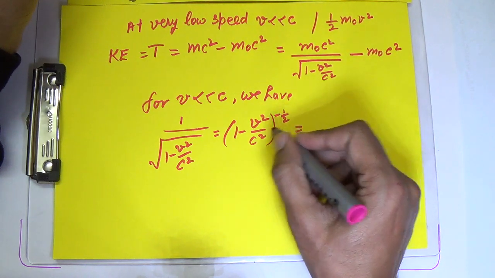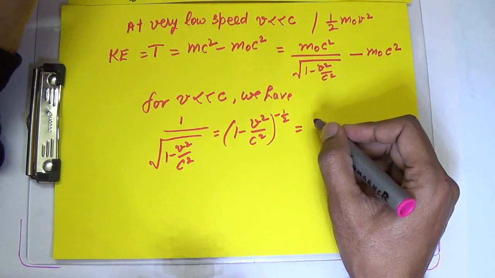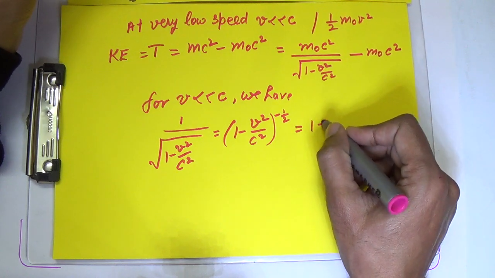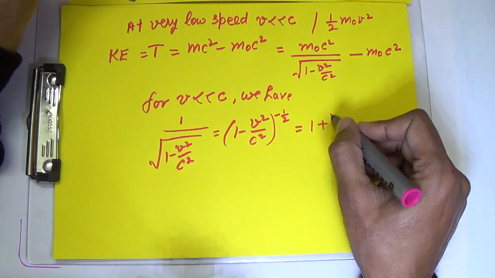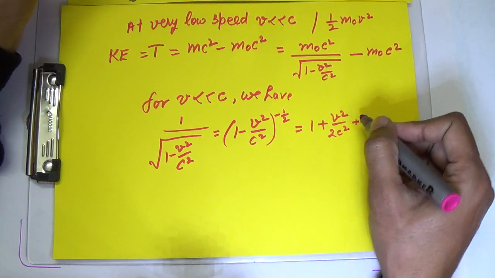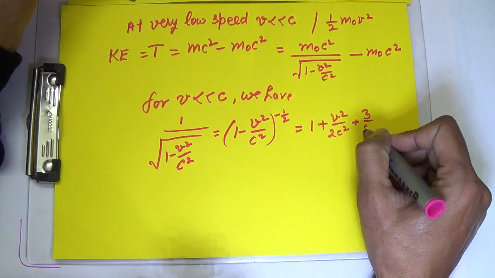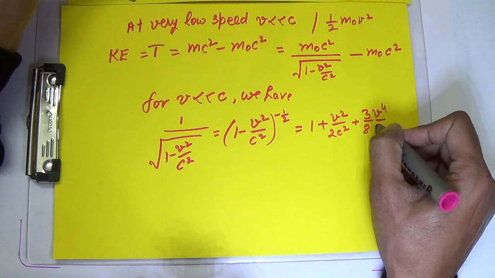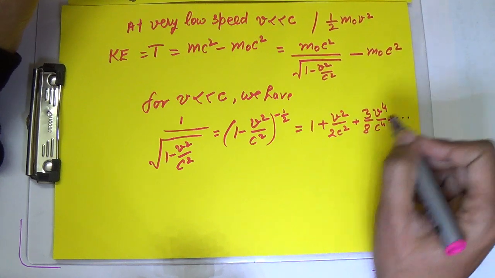If I expand it according to the binomial theorem, this will be 1 plus v square upon 2 c square plus 3 by 8 v to the fourth upon c to the fourth, and so on.